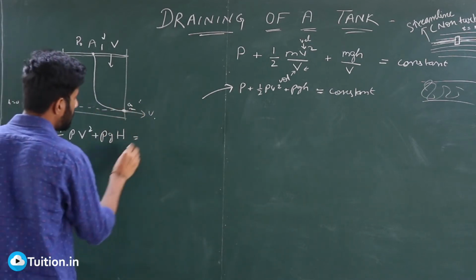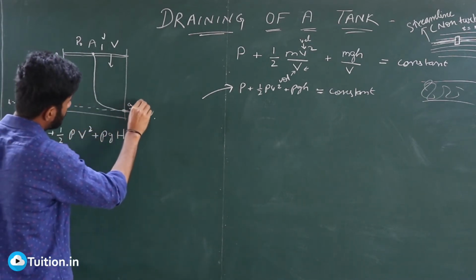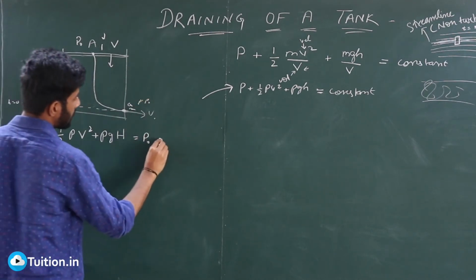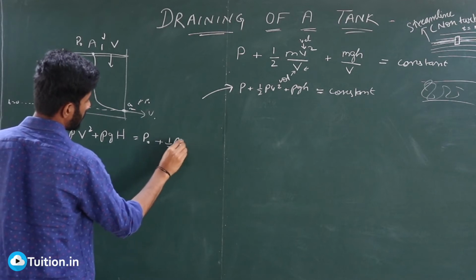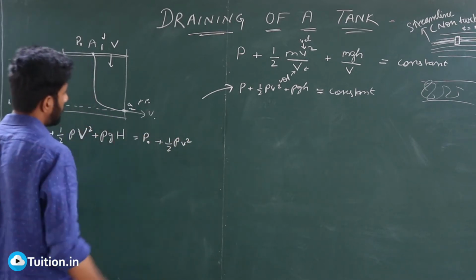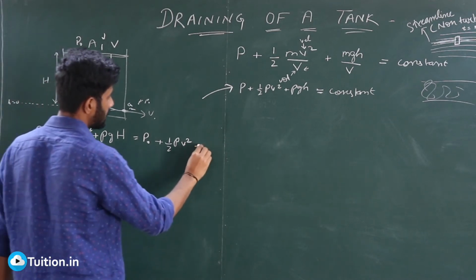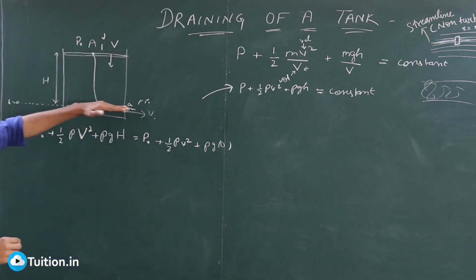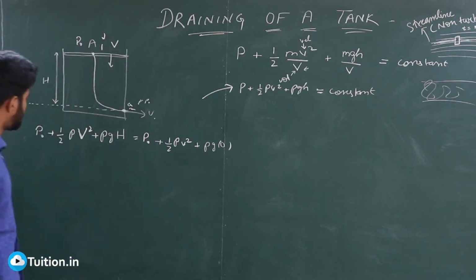So at point 2, once again I have P0 pressure here from outside, right? This is the atmospheric pressure. So I have P0 plus half rho small v square, right? So remember, this is capital V and this is small v square plus rho g 0, because I've assumed that this is my reference line, this is my h equal to 0, right?